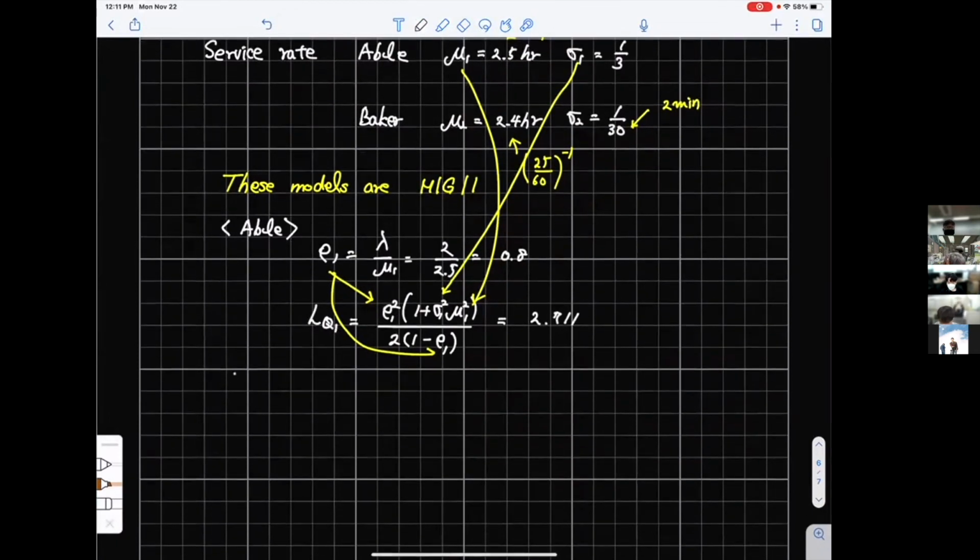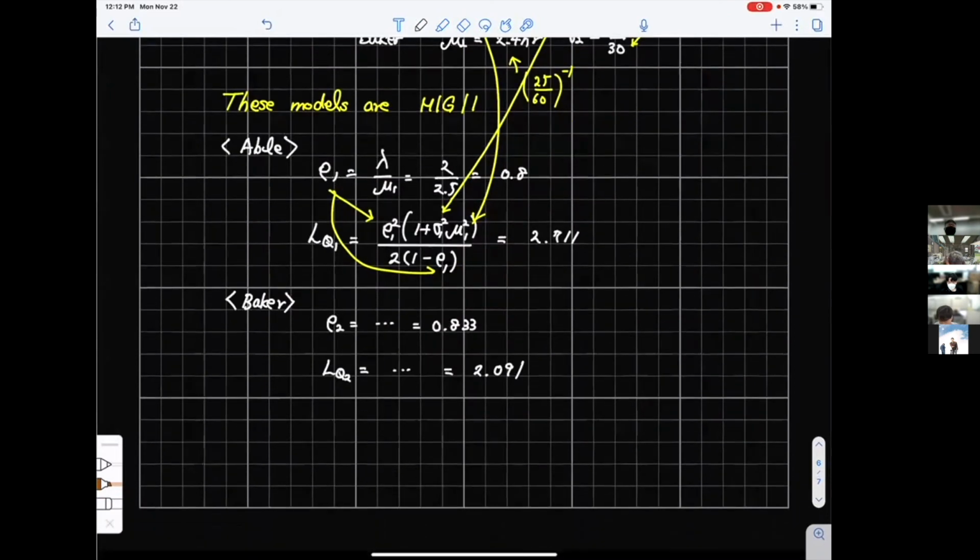And with respect to Baker, in the very same way, rho 2 becomes 0.33, and the result becomes 2.49. So as a result, LQ2 is smaller than LQ1.